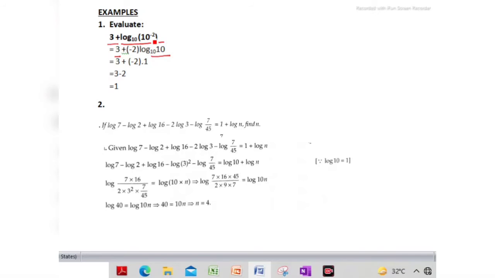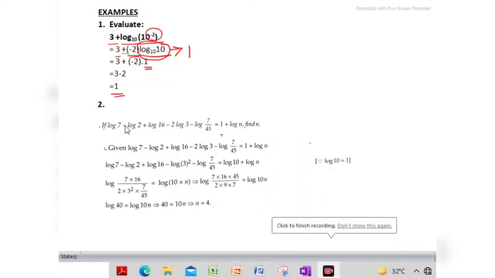Students, please note that by using the power formula, this minus 2 shifted here. Now we know that log of any number to the same base is equal to 1, so the value of this is 1. So we are left with 3 minus 2, which is equal to 1, the solution of this question.